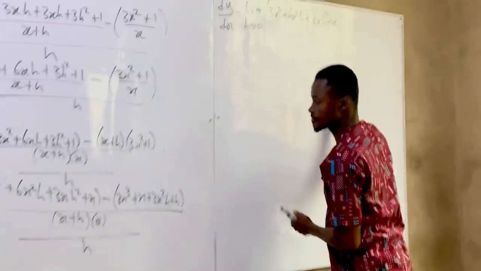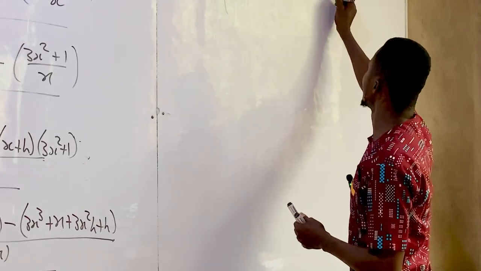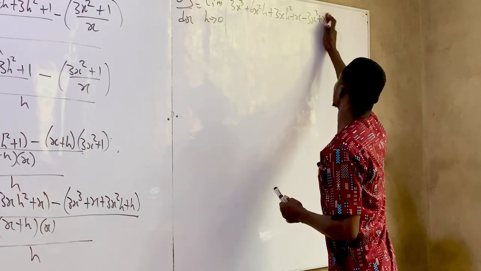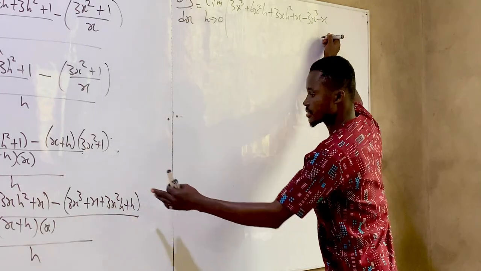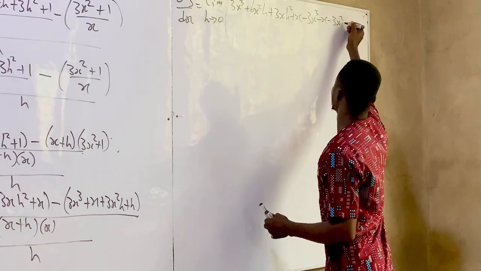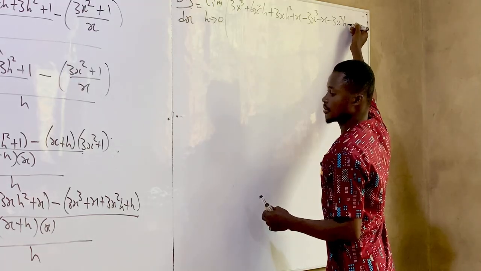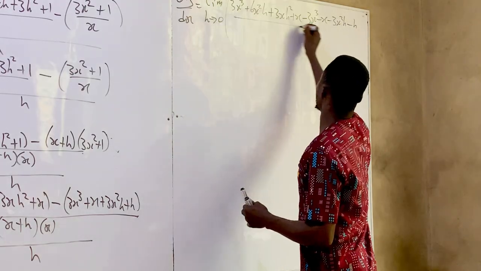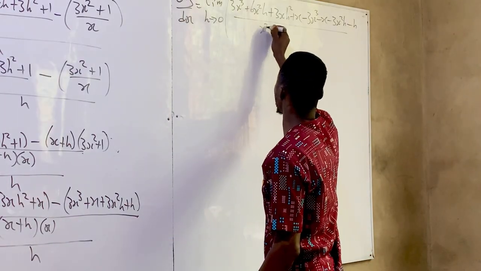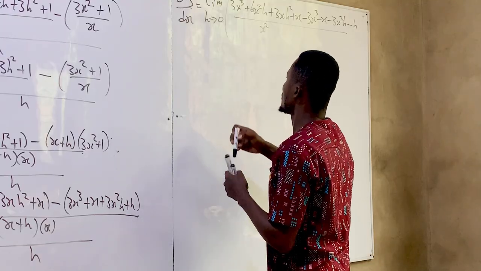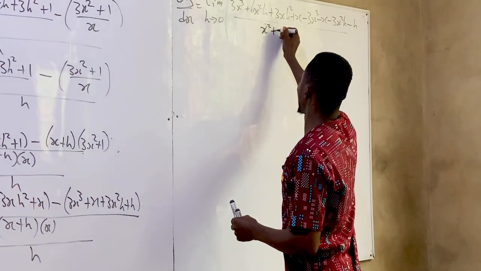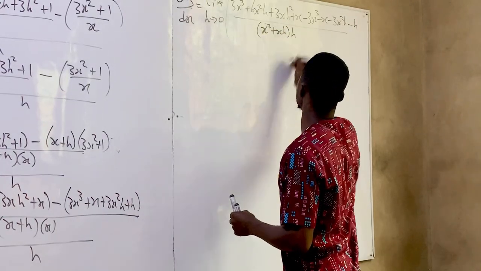So we use the negative to expand, then you'll be getting minus 3x cubed, minus x, minus 3x squared h, minus h, all over. This is divided by this, so when we divide it, we are getting (x squared plus xh) all multiplied by h.